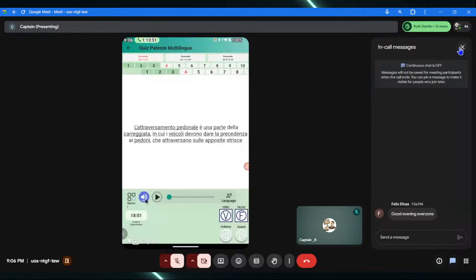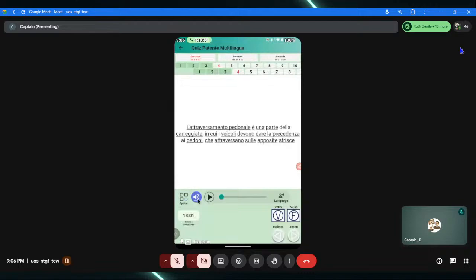Vero. James. Sulle strade extraurbane principali i ciclomotori possono transitare. Falso.